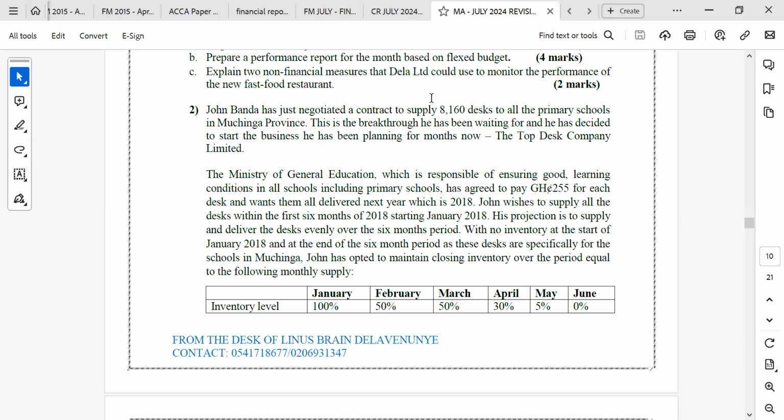John Bada has just negotiated a contract to supply 8,160 desks to all the primary schools in Muchinga province. This is the breakthrough he has been waiting for, and he has decided to start the business he has been planning for months now: The Top Desk Company Limited. The Ministry of General Education, which is responsible for ensuring good learning conditions in all schools, including primary schools, has agreed to pay 255 cedis for each desk and wants them all delivered next year, which is 2018.